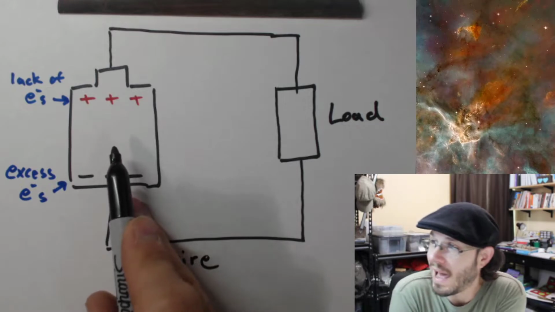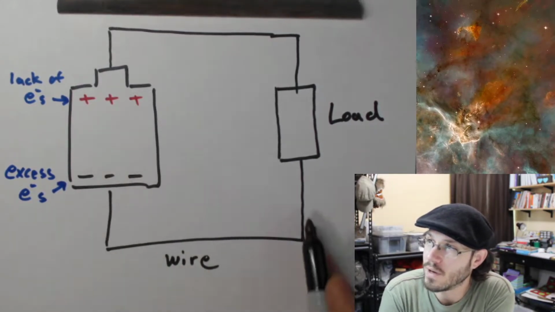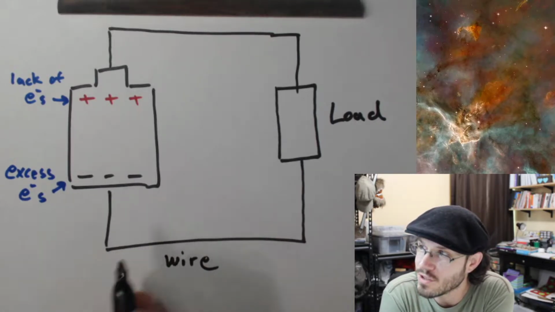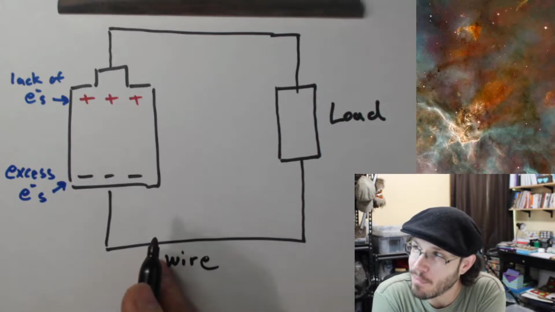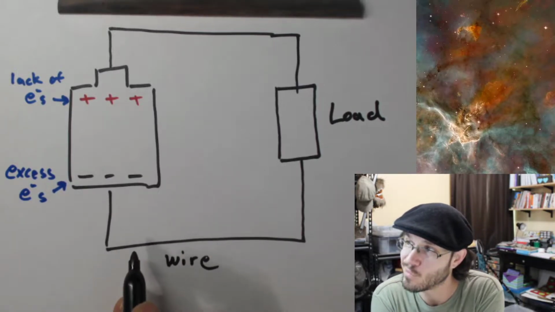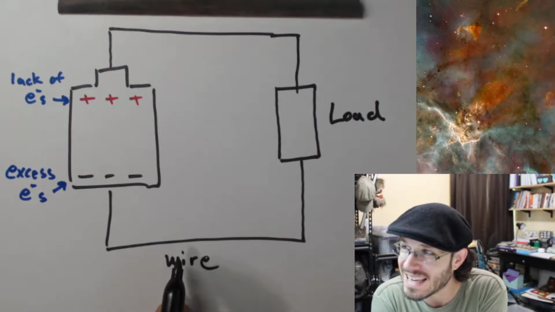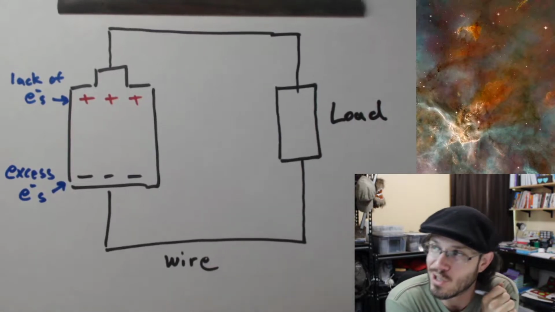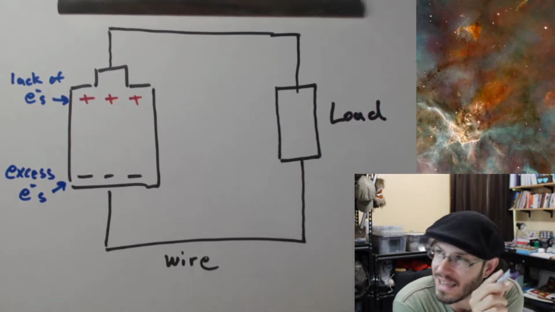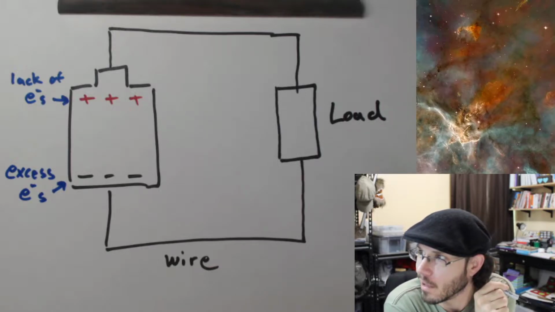Okay, so we got a battery with an imbalance of charge. We have some transportation, some wire, something that can conduct electricity, just like I talked about before. Last class, remember, one valence electron in something like copper. Very easy to move an electron out or add an electron to that valence electron, that outermost shell of the atom of copper.